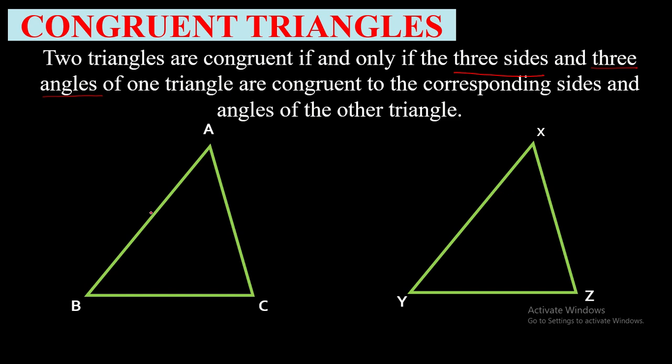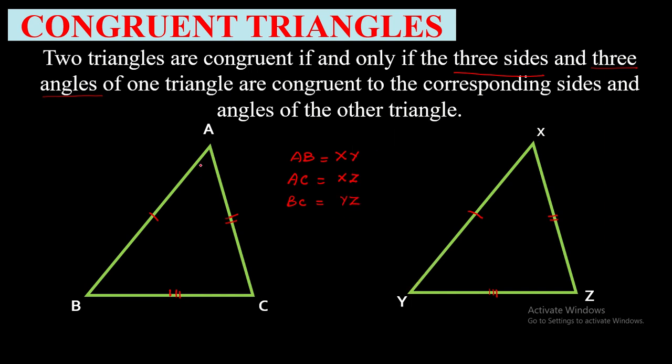So it is that AB should be equal to XY. Similarly, AC is equal to XZ and BC is equal to YZ. So three sides of one triangle are equal to three sides of the other triangle.